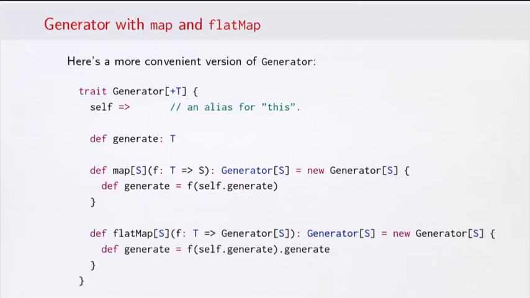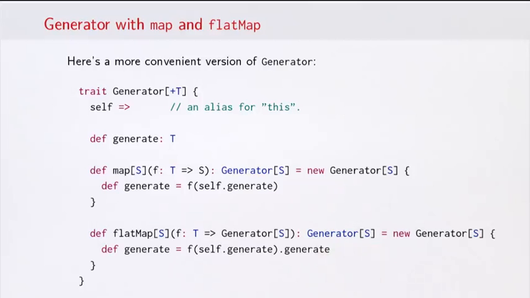So the second thing we have to do is define flatMap on generators. Here it is. Again, it's useful to compare with map. So flatMap would give us back now a generator of S from the function f. So it takes a random value to a whole sequence of random values, to a generator, and its result type is again Generator[S].